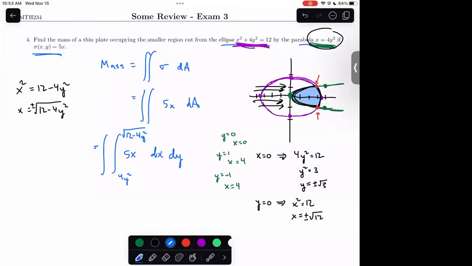However, I do think it's a little bit easier to maybe get x first. So if I'm trying to solve this system of equations, I would plug in everywhere I see this 4y squared, since 4y squared is equivalent to x. And so if I substitute that in, I would get x squared plus x is equal to 12.